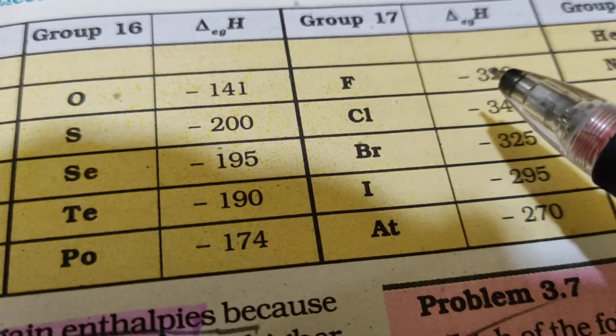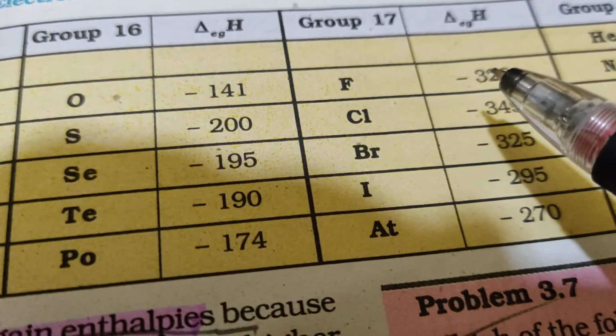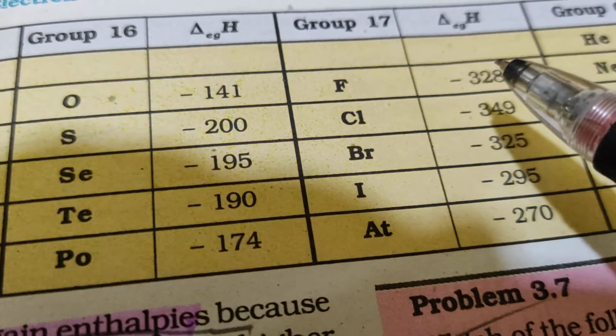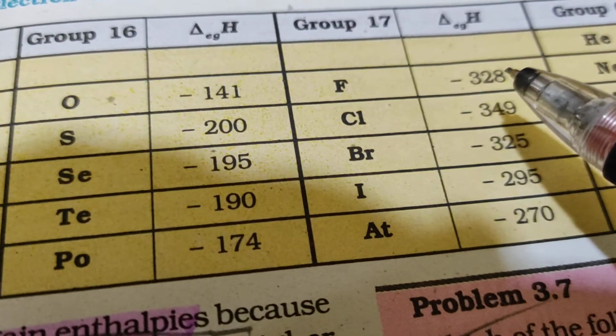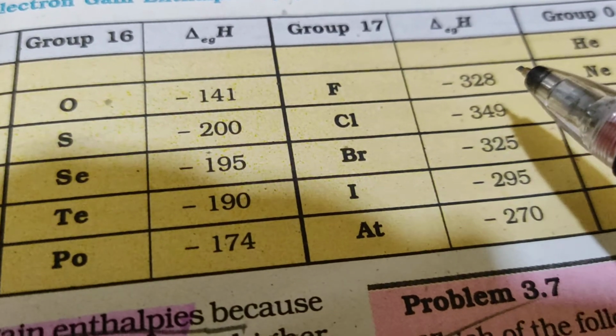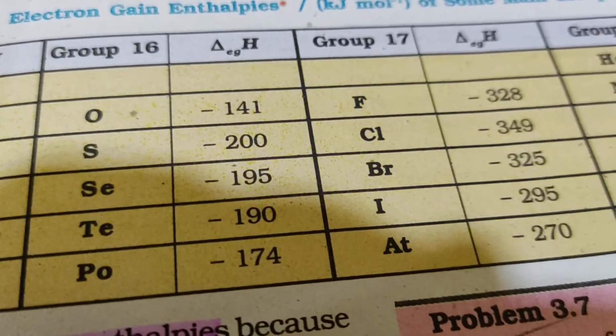So as a consequence of the small size of the fluorine atom, there are strong electronic repulsions in the relatively compact 2p subshell of fluorine, and thus the incoming electron does not feel much attraction.